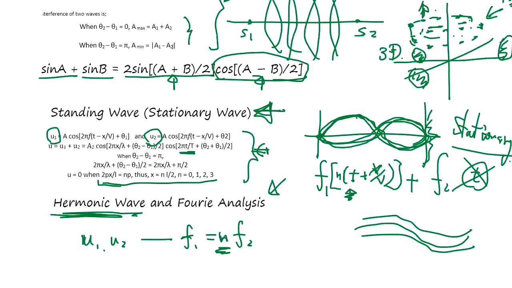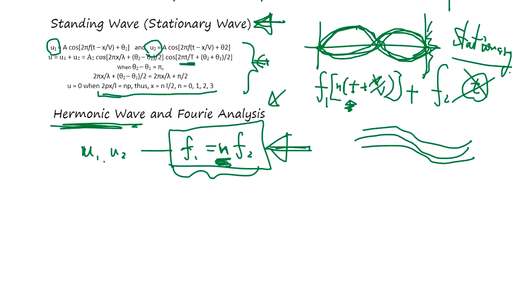So integer multiplication. When the sounds have this relationship, we call that harmonic waves. They are harmonic, harmony. And you see, harmony is important in music, because if F1 is slightly larger than F2, then it creates a low frequency buzz sound.